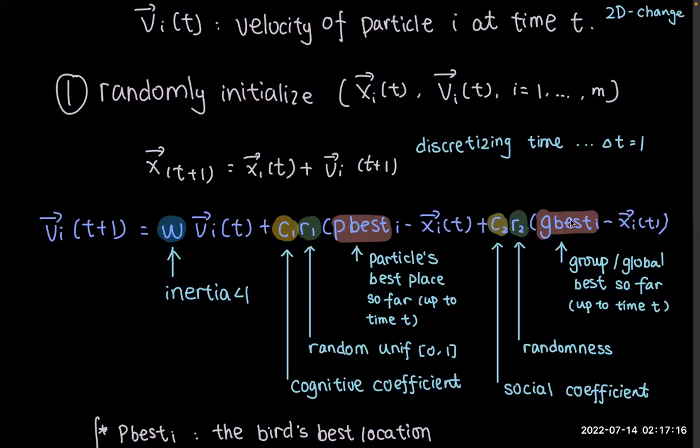Again, the best place means that you want to find the position among all the positions visited by all the birds with the highest F value, if you want to maximize F. And similarly for this one, among all the positions visited by the i-th bird, you want to find the position with the highest F value.